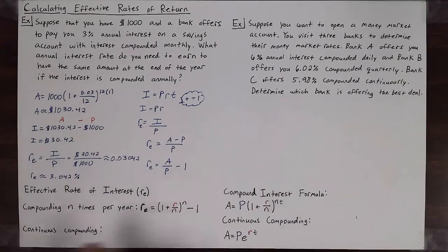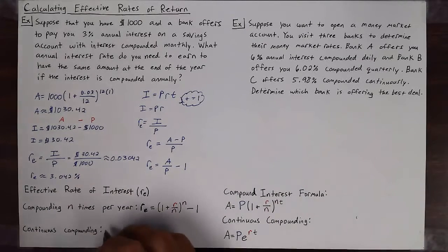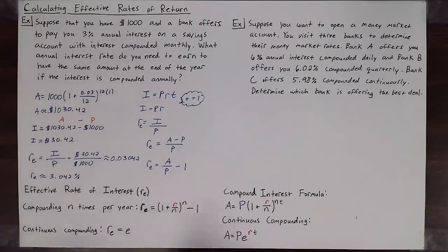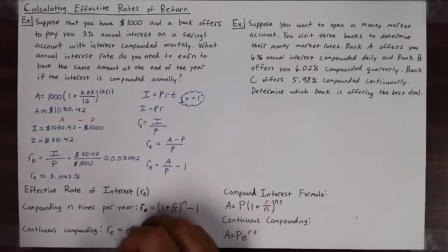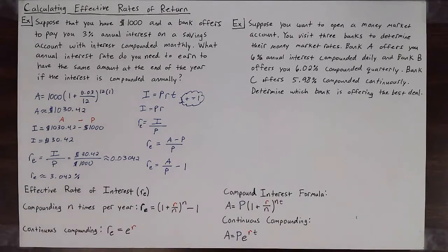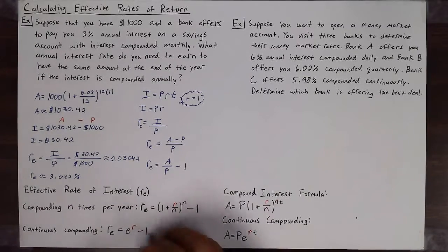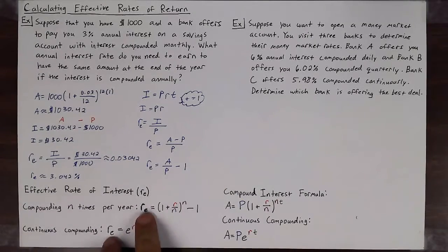And I can do the same thing for continuous compounding by just dividing by P and setting T equal to 1 to get that the effective rate of interest would be equal to e to the R power, because T is 1 and P has been divided out, and then minus 1. So I have these nice formulas just to find that rate. And knowing that rate lets you know really how good that interest rate is.